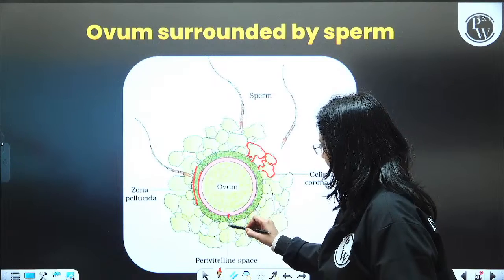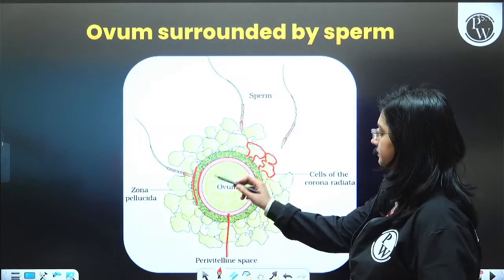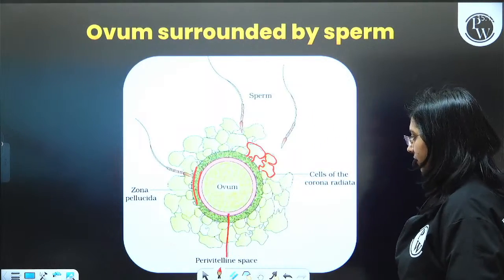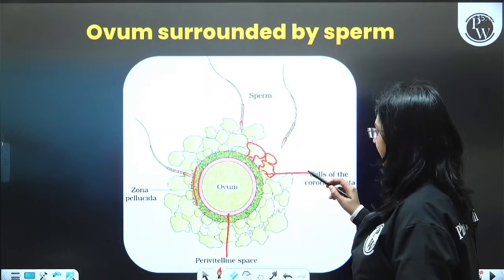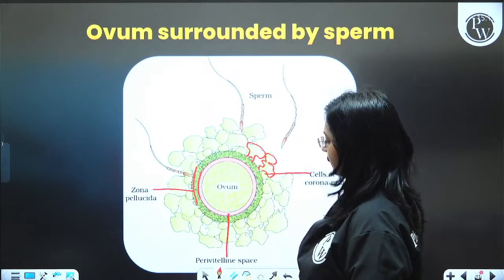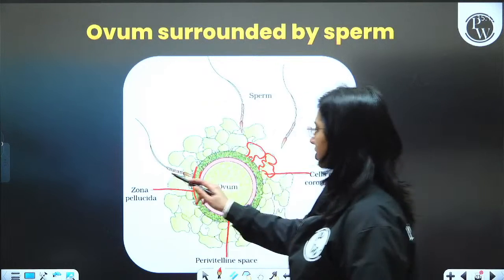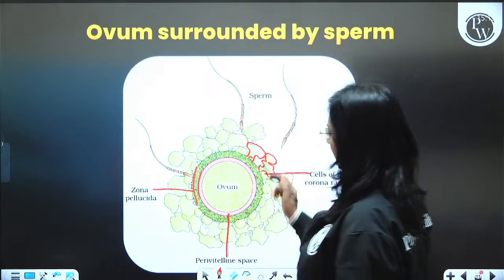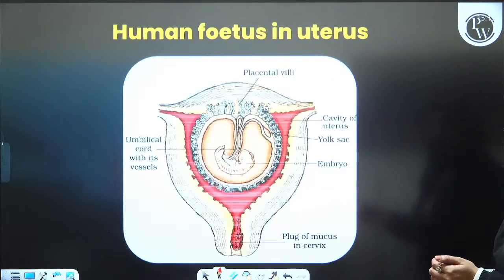And then the ovum. So: cells of corona radiata, zona pellucida, and perivitelline space, and the sperm touching the zona pellucida. That is another important diagram.